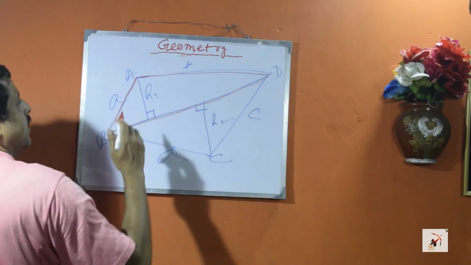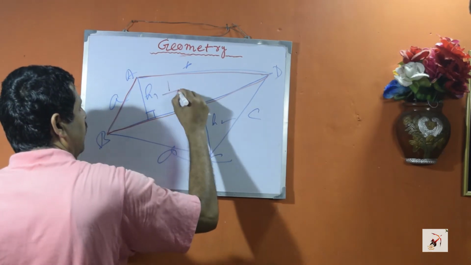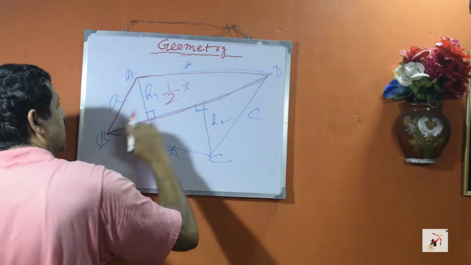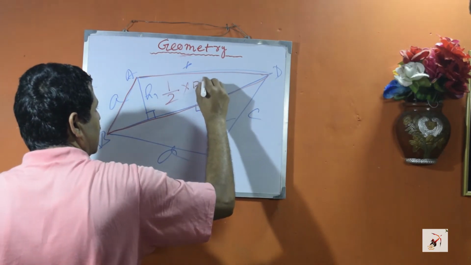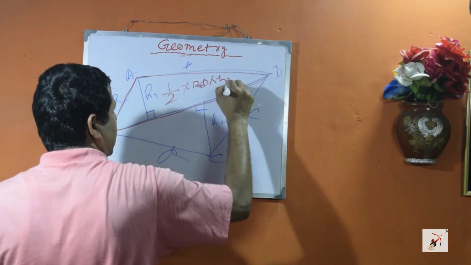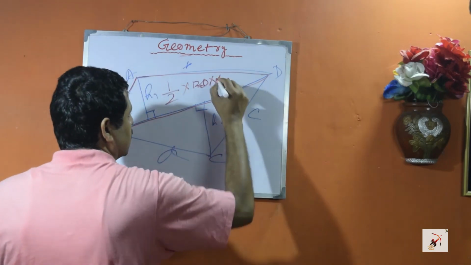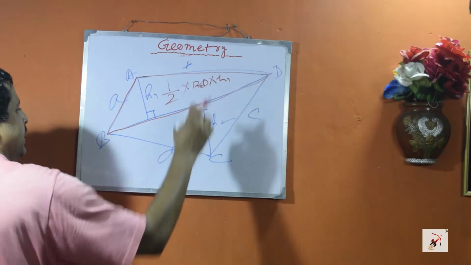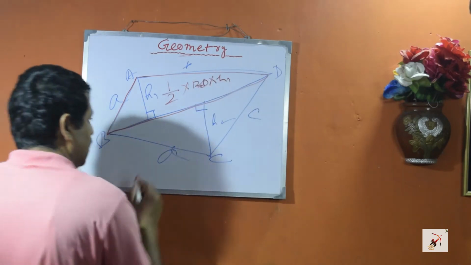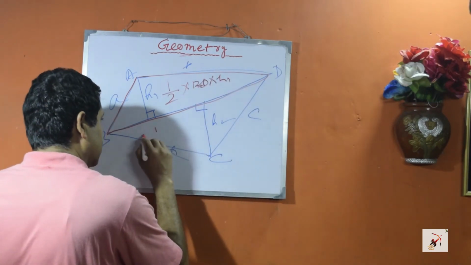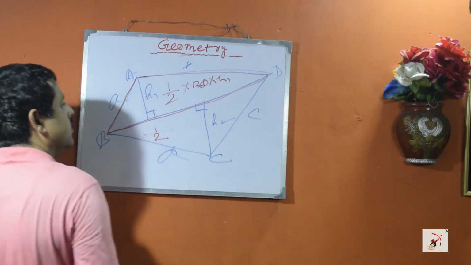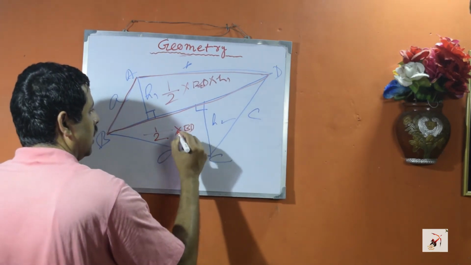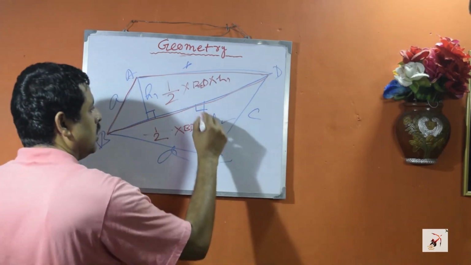For this part, the area should be half into base, that is BD, into height H1. For this part, that is triangle BDC or BCD, whatever, the area is half into base, that is BD, into height or altitude, that is H2.